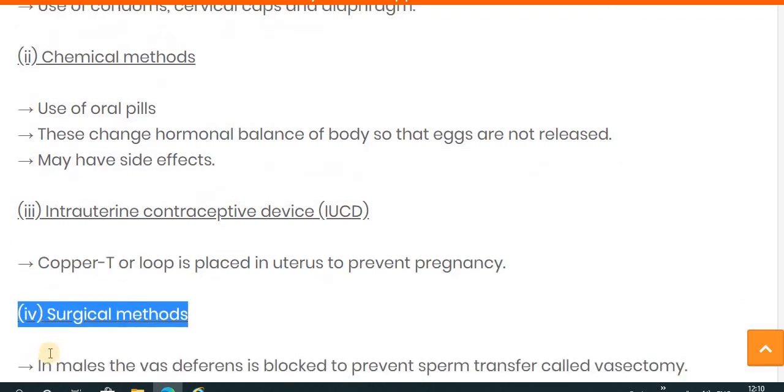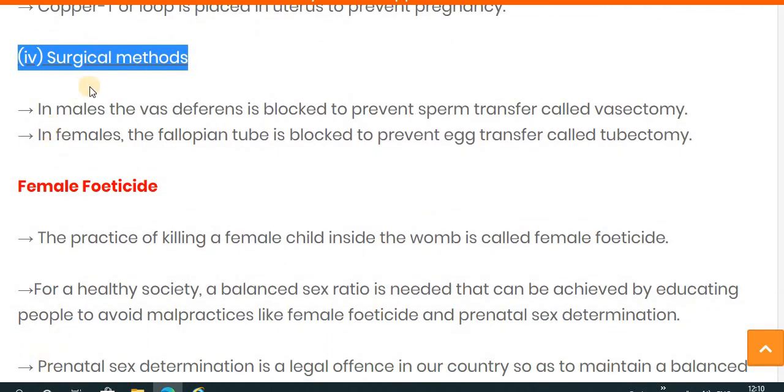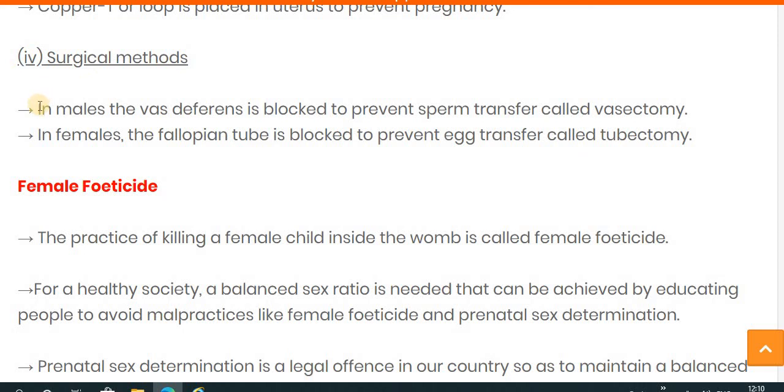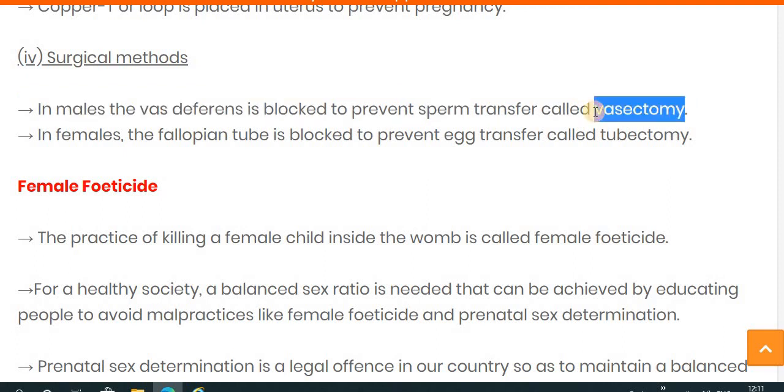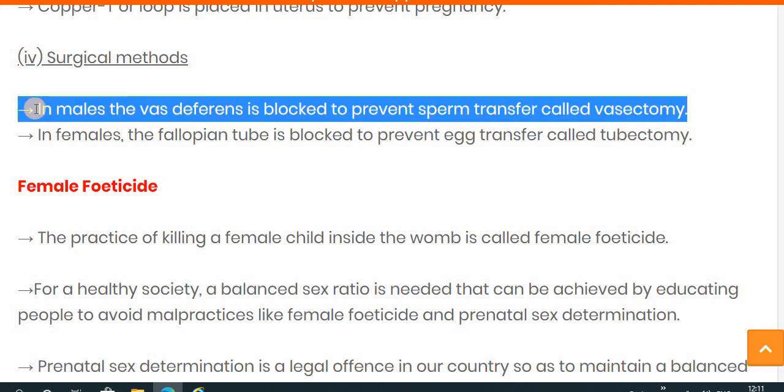The fourth method is the surgical method, meaning by operation or surgery. It is called the surgical method because in this method surgery, or you can say an operation, is required. In the male, the vas deferens is blocked to prevent sperm transfer, called the vasectomy.